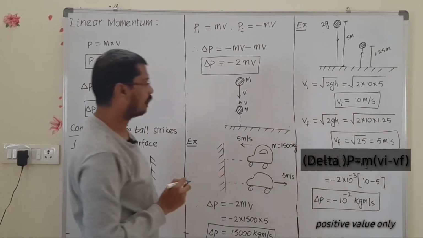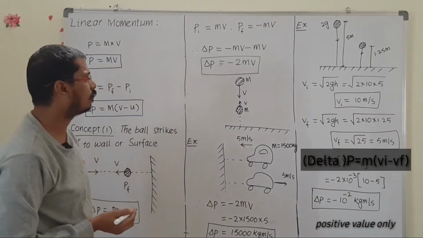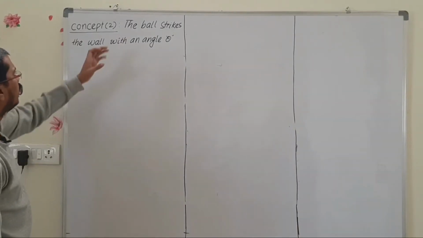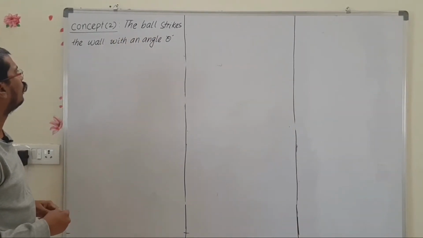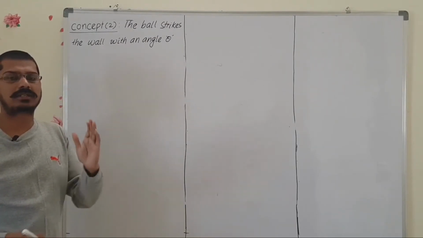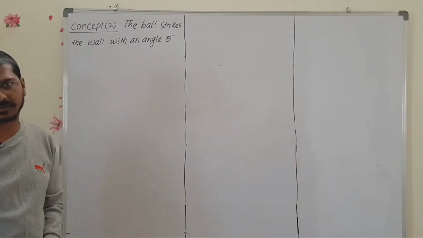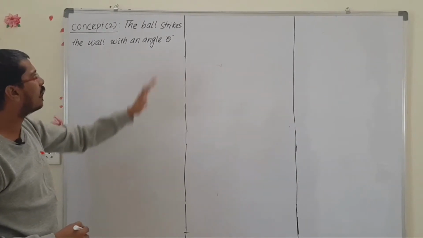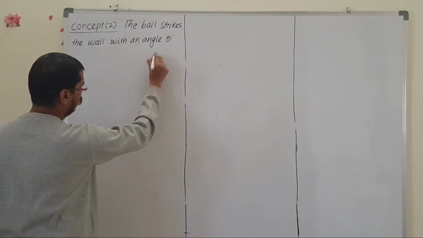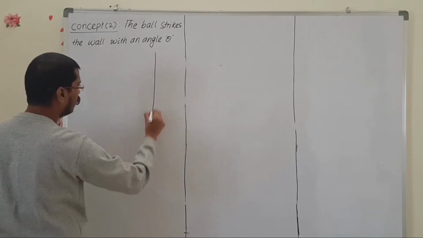Okay, like that we can find out the formulas by using this concept. Second concept: the ball strikes the wall with an angle theta. The first thing we discussed, the ball strikes the wall perpendicular to the surface. Here, with an angle theta, how will it be? This is a wall.